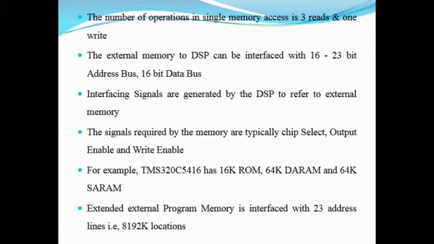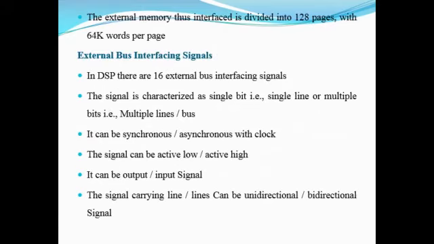That is the total number of locations after the memory is extended and interfaced with the 23-bit address lines. The external memory thus interfaced is divided into 128 pages with 64 kilowords per page.